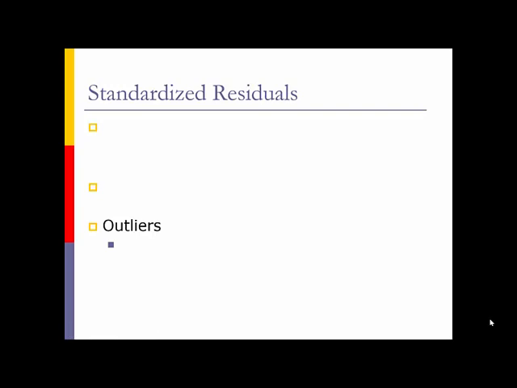So when we talk about standardized residuals, in an average sample we want 95% of those residuals to fall between positive and negative 2.